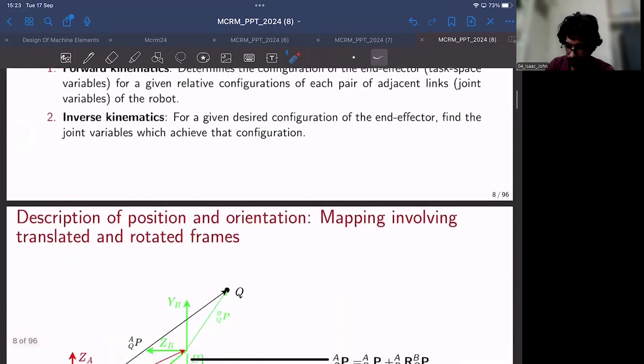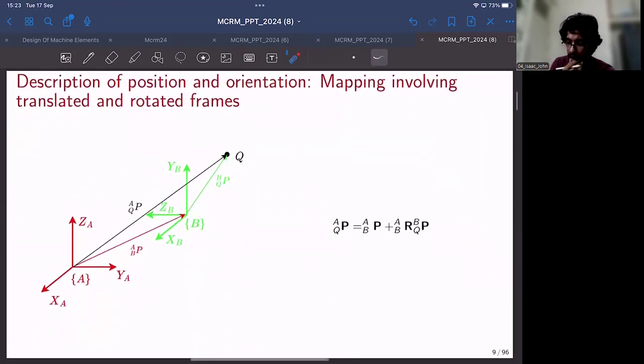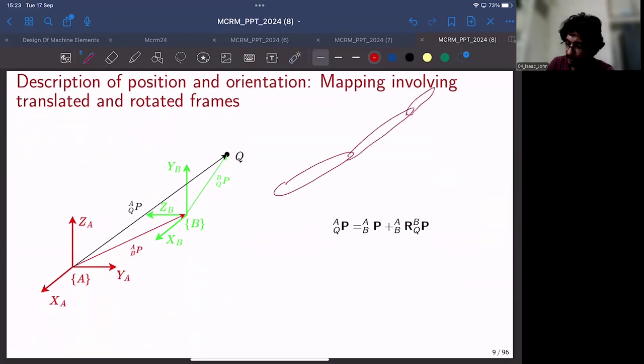Okay, so moving on now, we are also in the process of describing the position and orientation involving translated and rotated frames. So as you know, a robot typically consists of a series of rigid bodies.